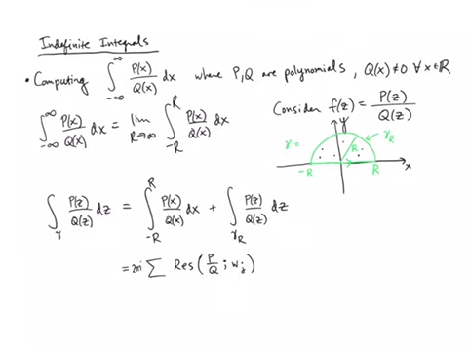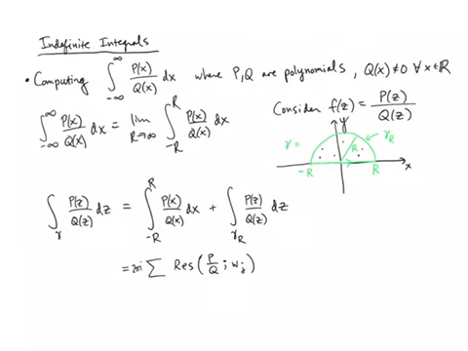An nth degree polynomial can't have more than n zeros. And so since there's only going to be finitely many, we can always just take our r big enough that the zeros of q, which are in this upper half plane, are contained in this semicircle here. So we'll always just assume that our r is big enough that it contains all of the zeros of q which are in the upper half plane.